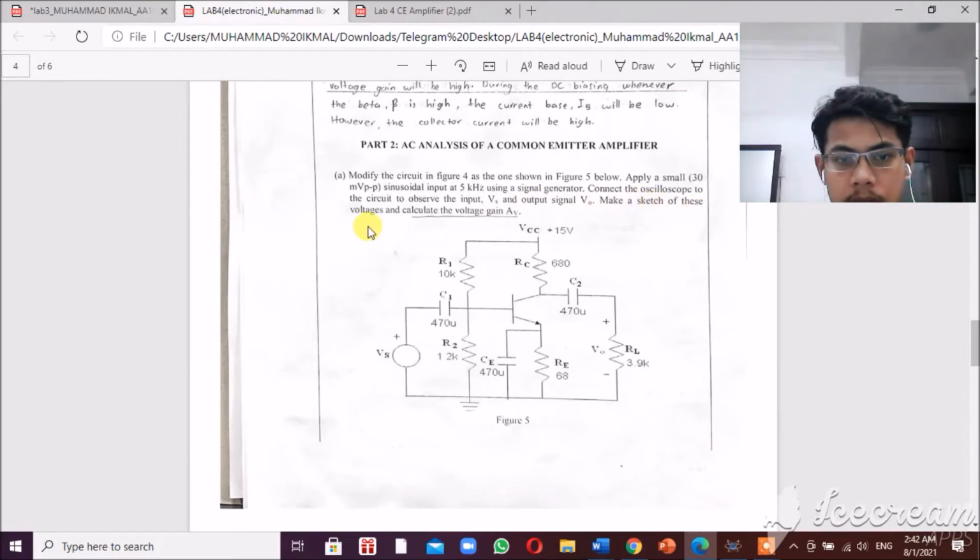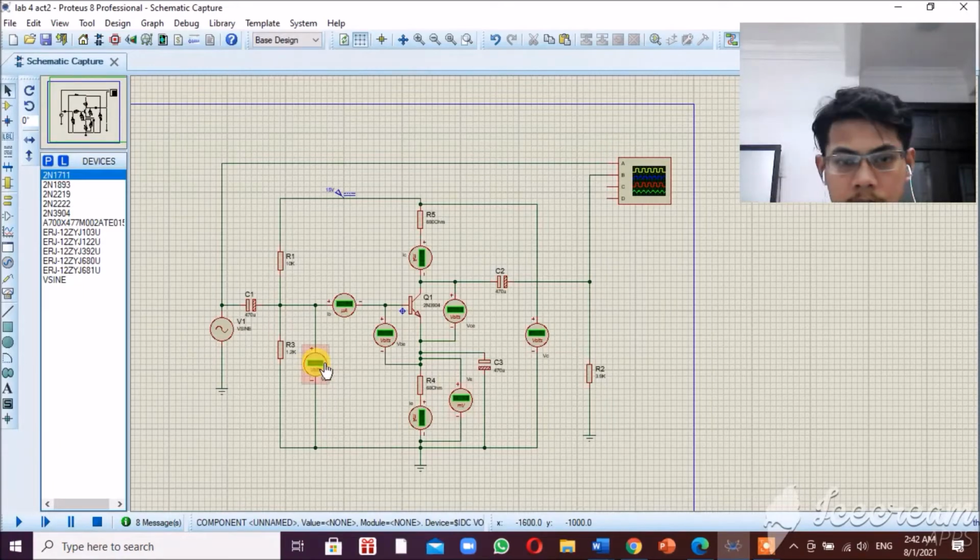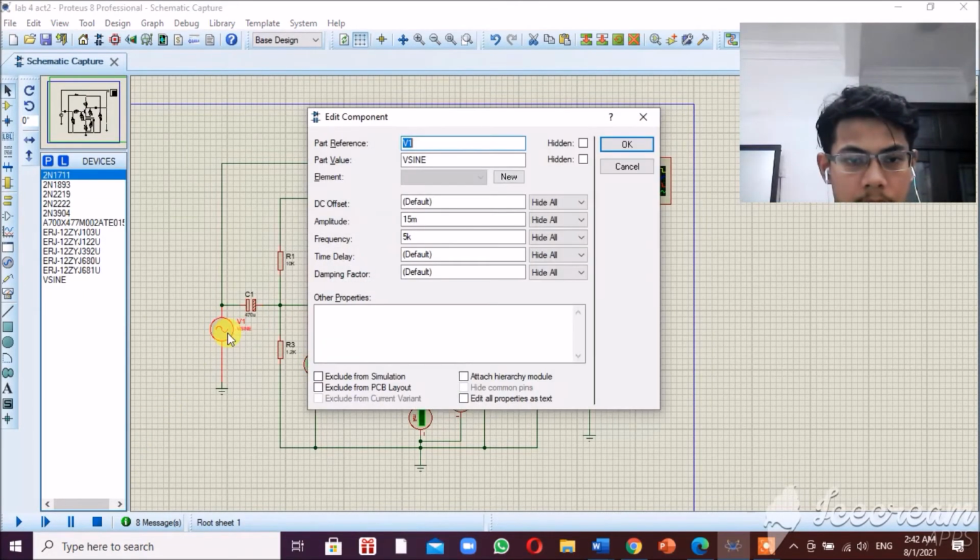Make a sketch of this voltage and calculate the voltage gain AV. Let's try. So I have set up 15 millivolt for amplitude, because 30 millivolt peak to peak has to be divided by 2 in order to get 15 millivolt at the V peak only.